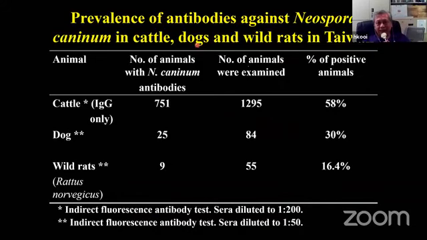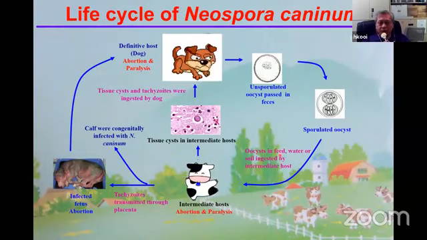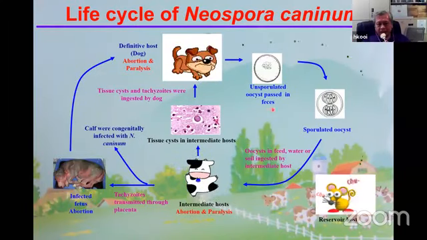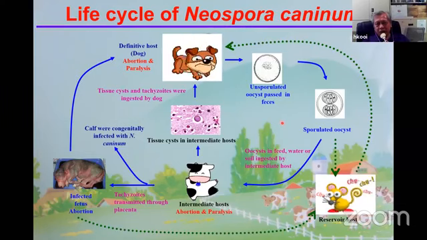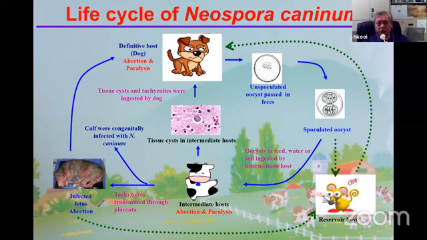I did a serological survey of cattle, dogs, and wild rats on the farm in Taiwan. And I found that cattle are 58% positive, dogs 30%, and wild rats are also 16% positive. So what I did was take the rats, and for the first time, I showed that the rat can serve as a reservoir host for neosporosis.